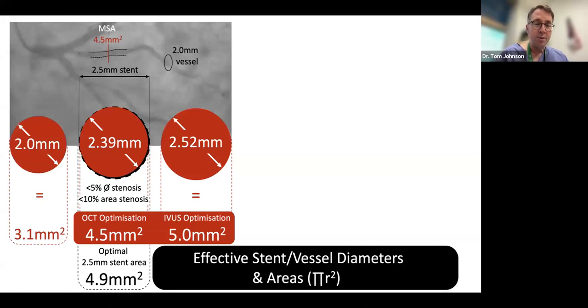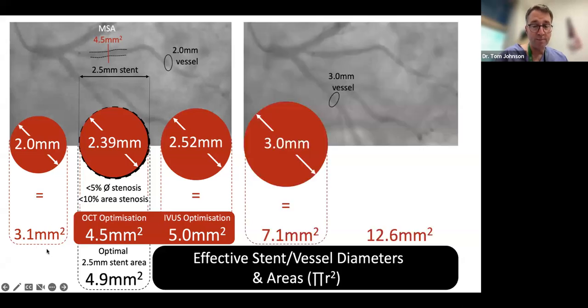But then it becomes more important to understand that when we consider the disease or the vessels that we're treating. So if we're going into a very small, only 2 millimeter artery, then we shouldn't be expecting our stent area to get any more than 3.1 millimeters squared. So striving for 4.5 in the setting of a small vessel risks generating too much injury.